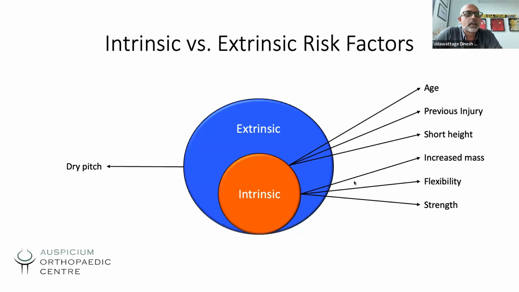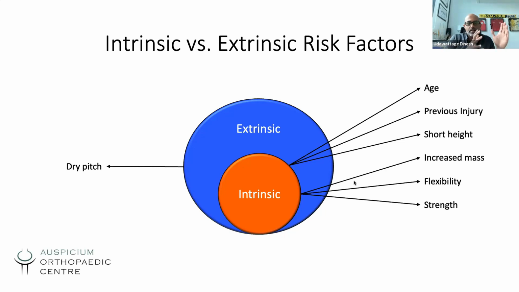But in terms of intrinsic, there's the age. As we get older, we tend to have a higher incidence of all these sort of injuries. If there's been previous trauma, so if I take you back to the 16-year-old that we saw, he'd had some issues for a while, and then suddenly something got worse, and then he came in to see me.